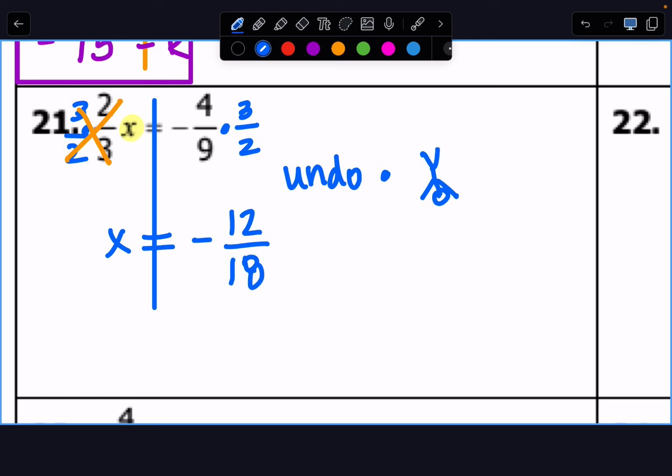No. Both 12 and 18 are divisible by the same number, so we need to reduce it. What number are they both divisible by? I've heard 3, I've heard 2, I've heard 6. Which one is going to get us there faster? Let's use 6. If we divide both of these by 6, then we get negative 2/3.